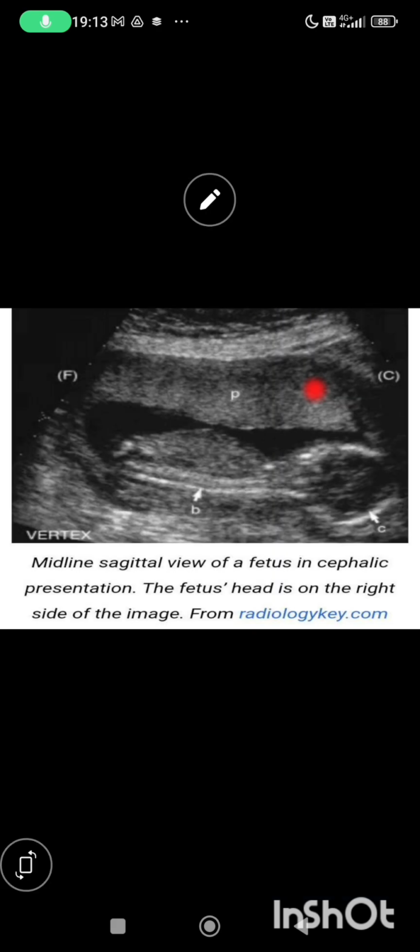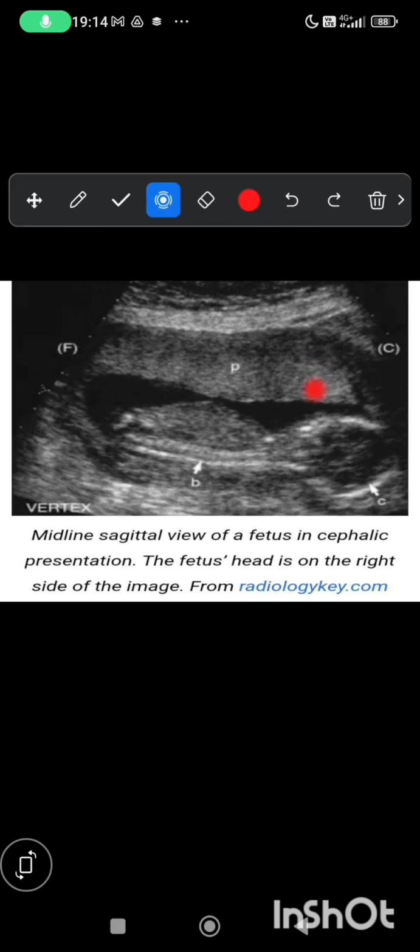Now here we can see a longitudinal view or transverse view. Longitudinal, exactly. In the longitudinal or sagittal view, this is the marker site and it represents the superior portion.